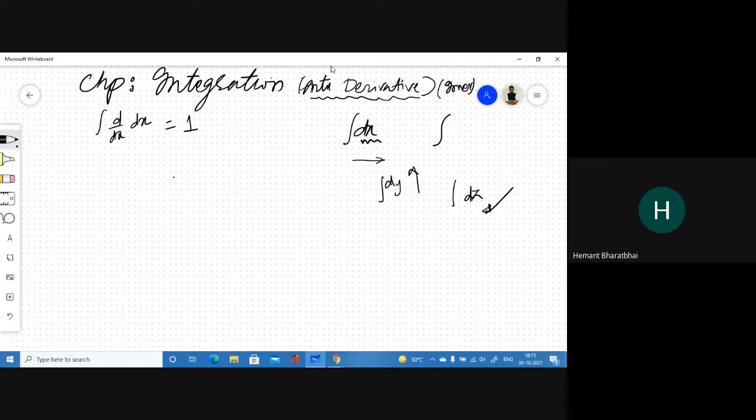If I am just saying integration, this doesn't have any meaning. So when I use this, I will have to use dx or dy or dz and so on. Integration and derivative will cancel out each other. Just remember this, because both are inverse of each other.